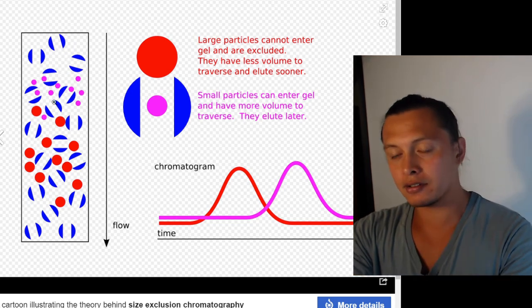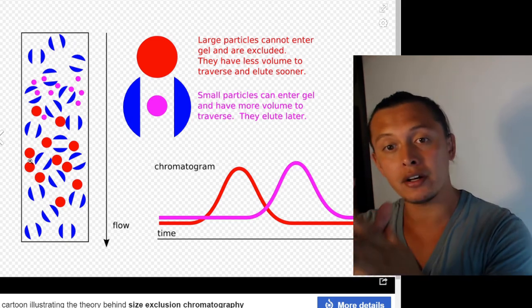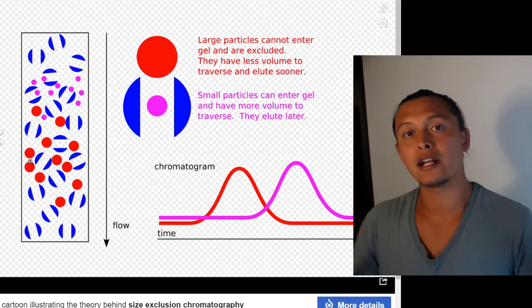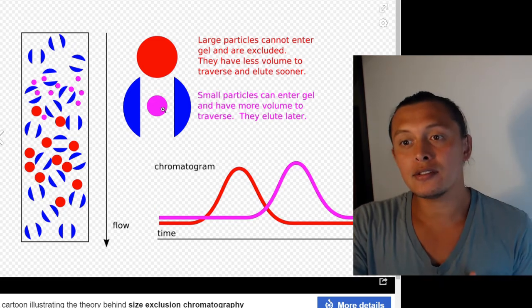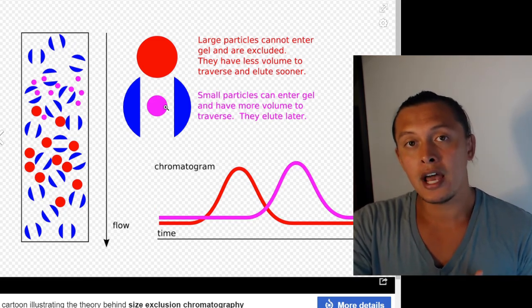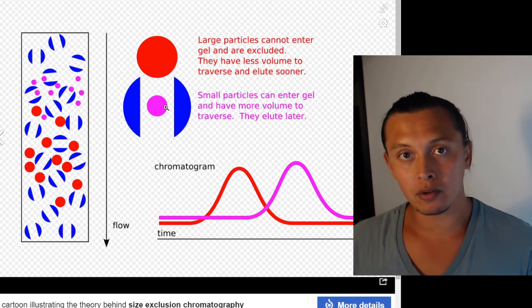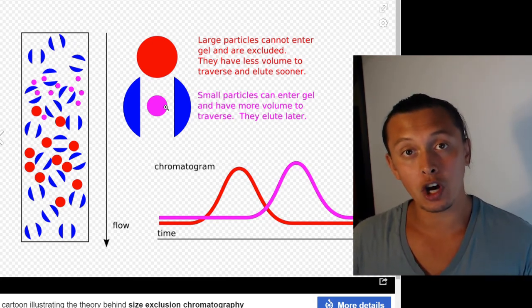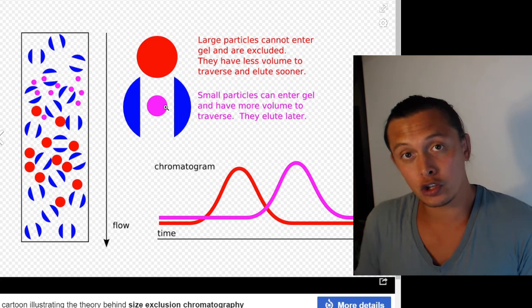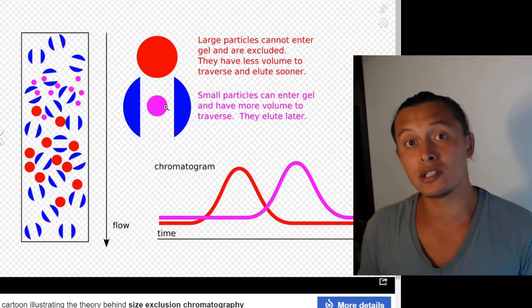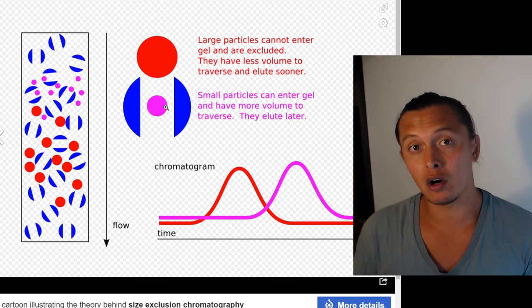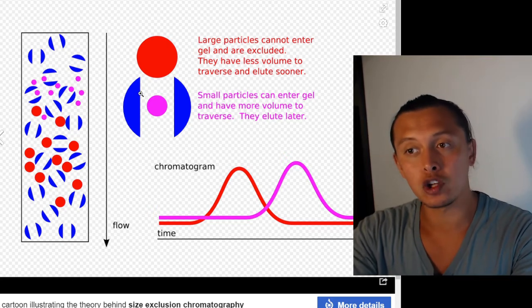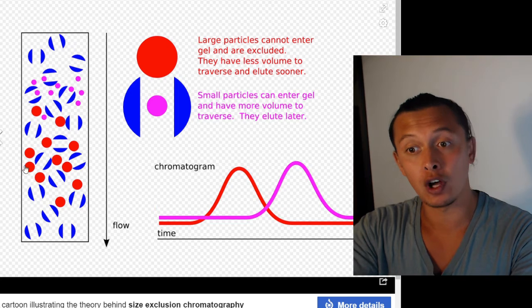But let's keep on going. So here we have some Brownian motion that is separating these molecules from each other. However, these small molecules have more distance that they have to travel. They have more nooks and crannies that they have to go into, and therefore they're actually slowed down significantly from the normal flow of the fluid that they are in, whereas these large particles literally just flow around them.